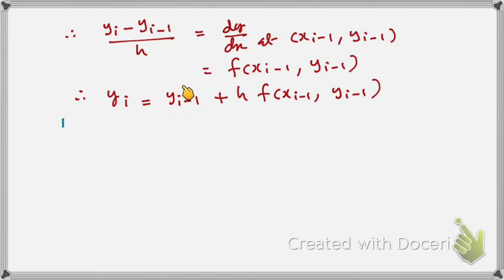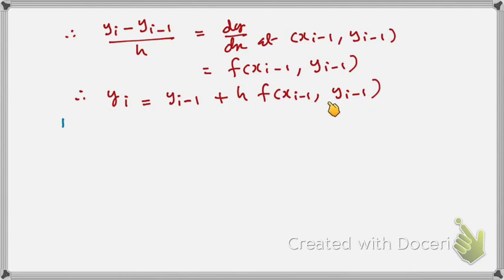Yi is the previous y value, which we know because xi minus 1, yi minus 1 is in fact my x0, y0 given to me. So this is actually my y0, just the previous value. So I can find the yi value using the previous y value plus h times the function value at the given point, f of xi minus 1, yi minus 1.